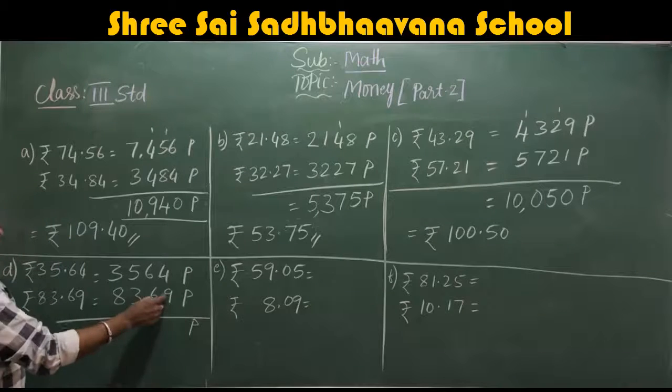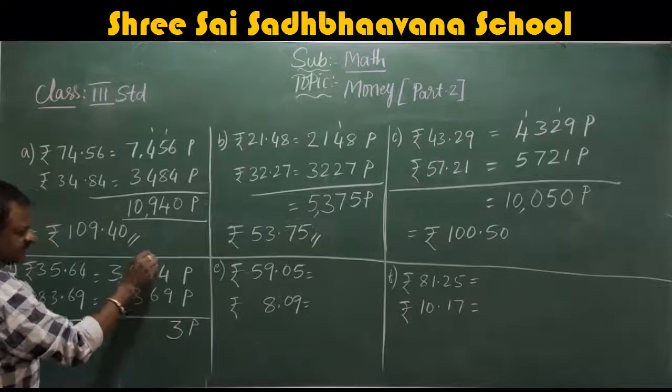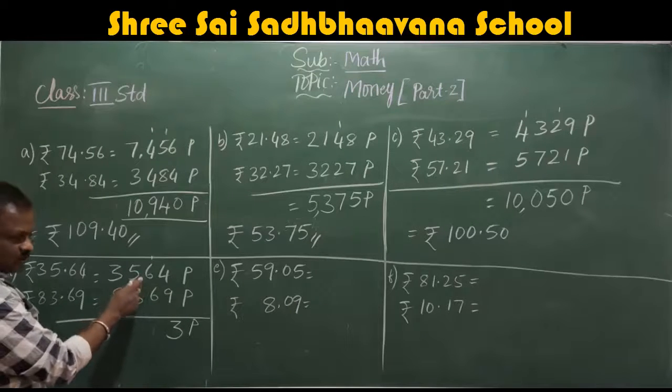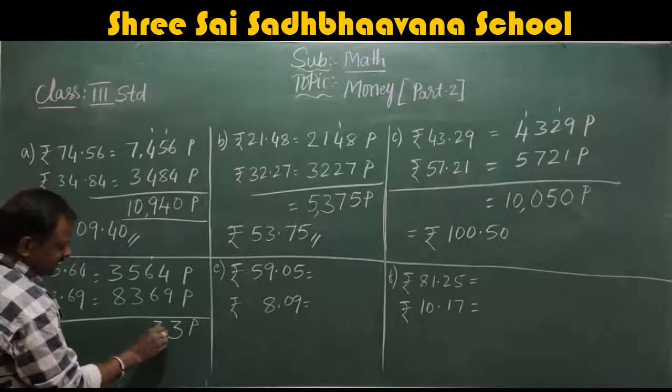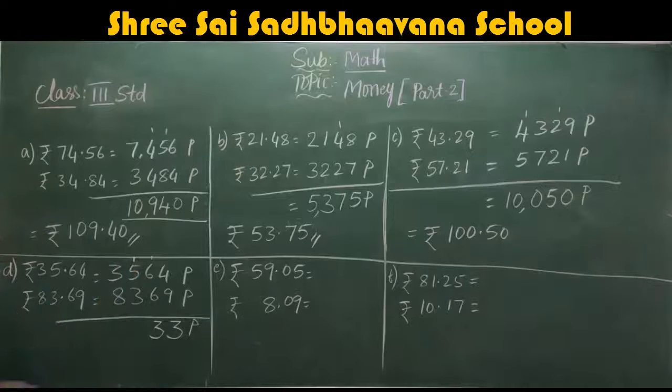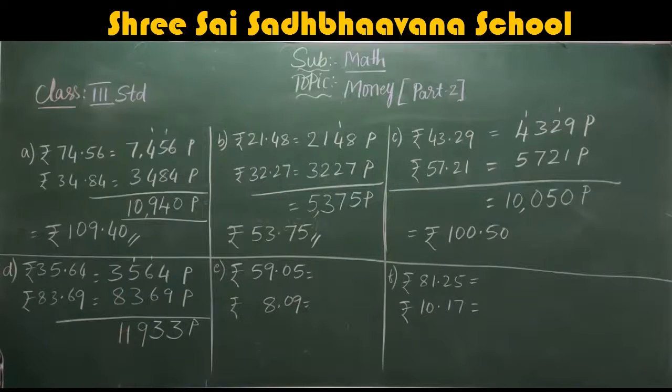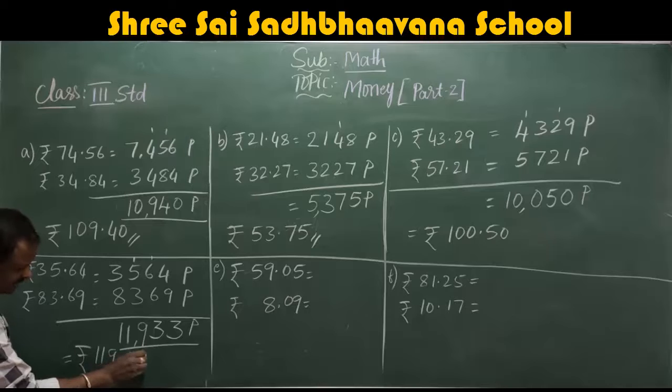Paise as it is 9 plus 4, 13, carry 1, 6 plus 2, 6 plus 6, 12, 12 plus 1, 13, carry 1, 5 plus 1, 6, 7, 8, 9, 8 plus 3, 11. So 11,933 paise. This can be written as rupees 119.33.